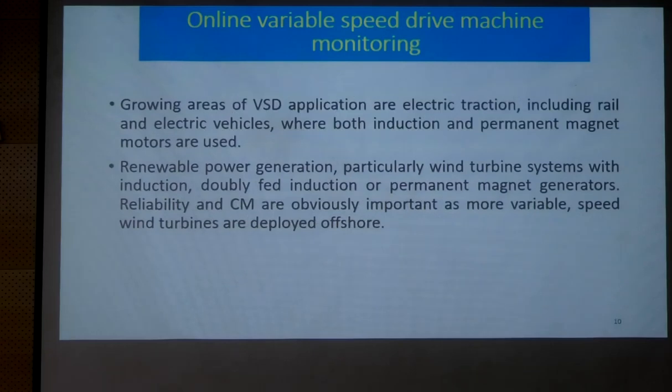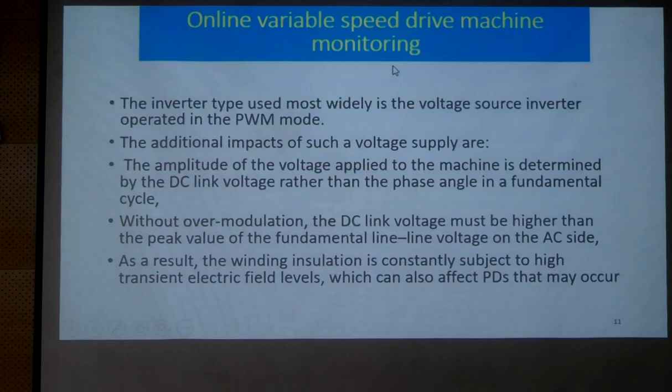We are going towards variable speed drive applications for electric traction, rail and high speed trains, and also electric vehicles, where induction and permanent magnet motors are used, and other applications as well.